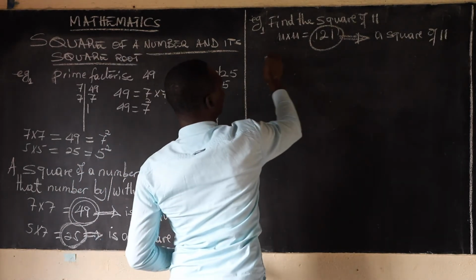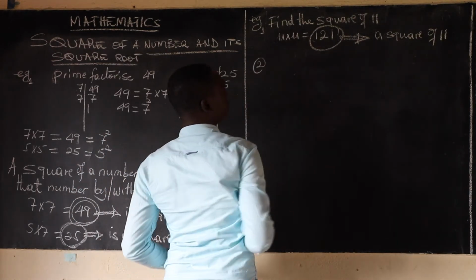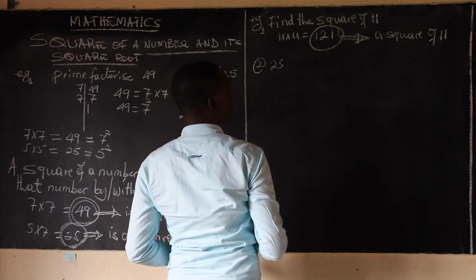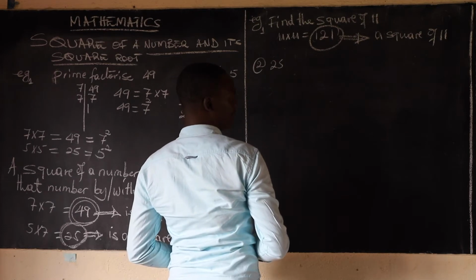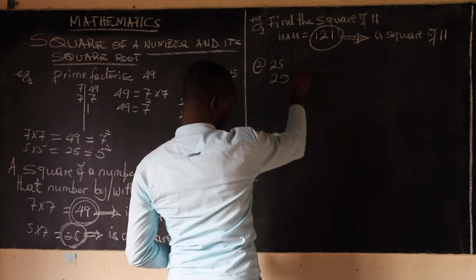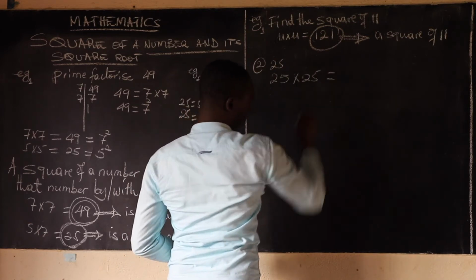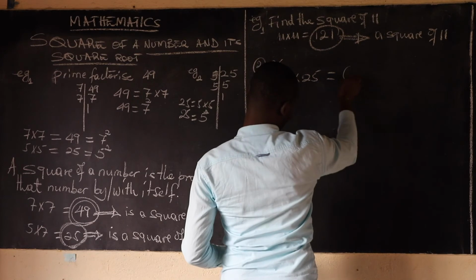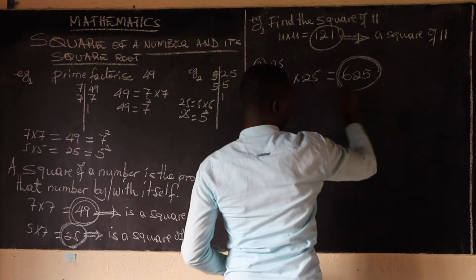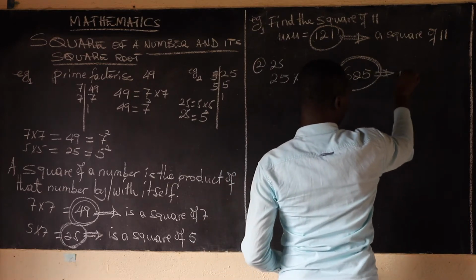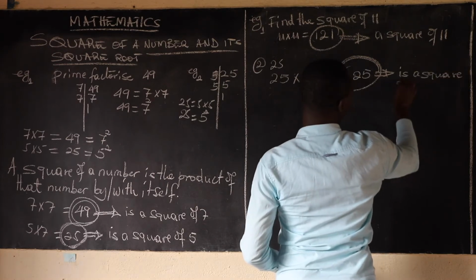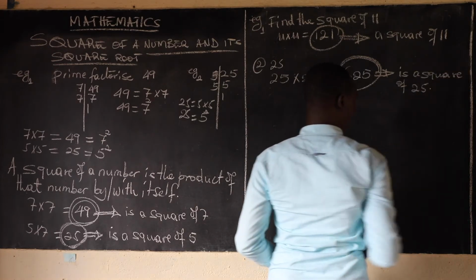Having example number 2, let me have 25. I need its square. The square of 25 will be 25 times 25. Then we have 625. This 625 is a square of 25.